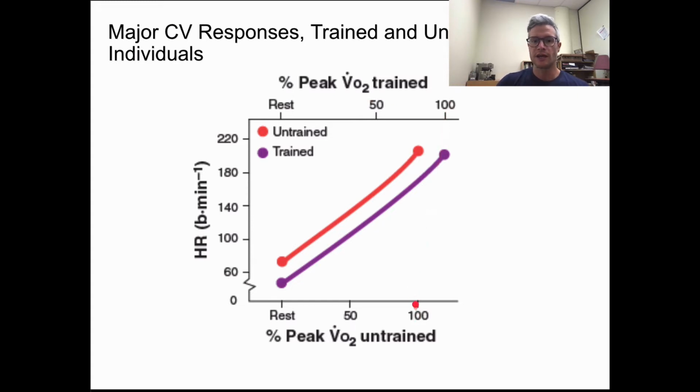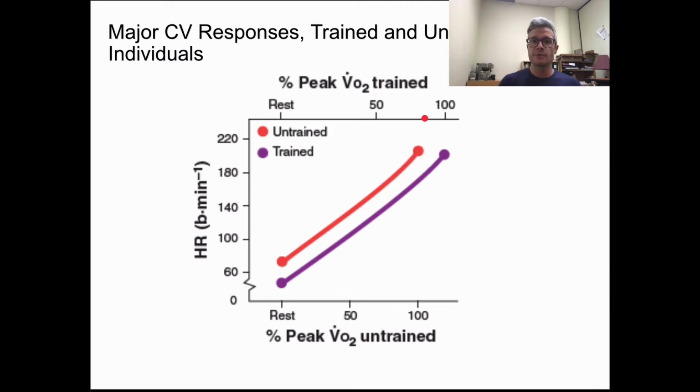But you'll notice that the untrained individual's 100% ends before the trained individual's. And all that reflects is that a trained individual is going to have a greater capacity to utilize oxygen to do work to produce energy.